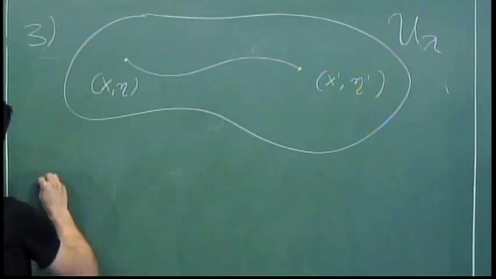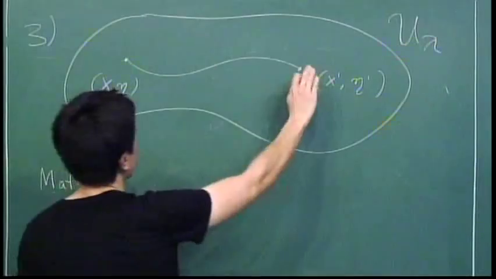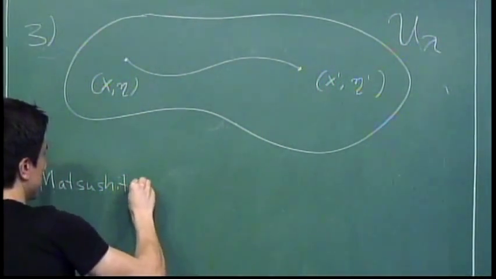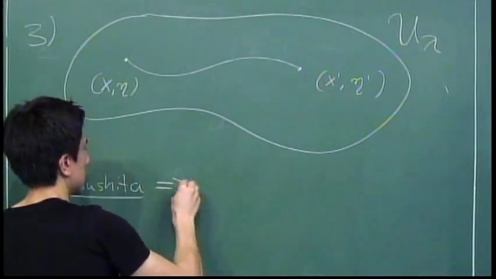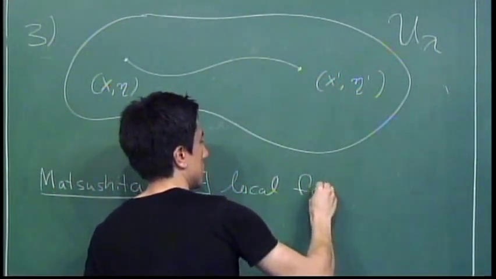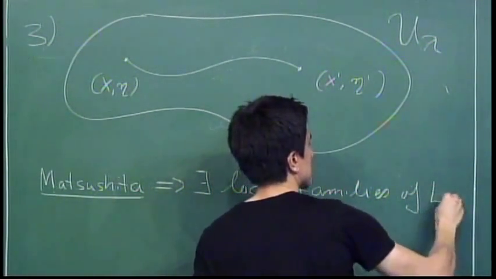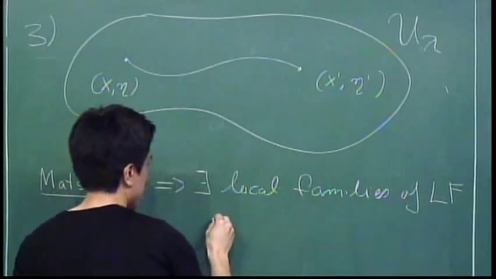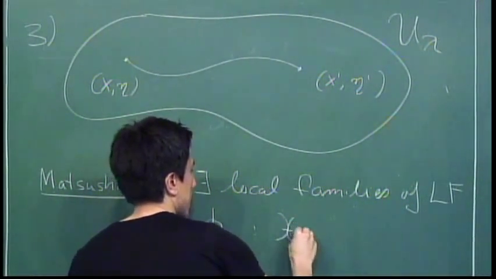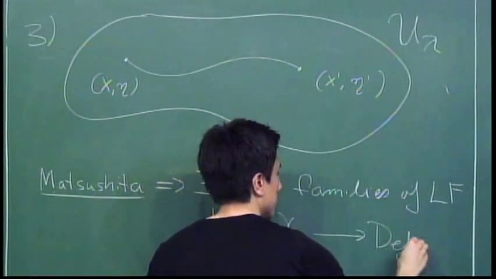And now Matsushita's result gives local families over these points of Lagrangian fibrations, let me call them phi_k from X_k to Def_k.